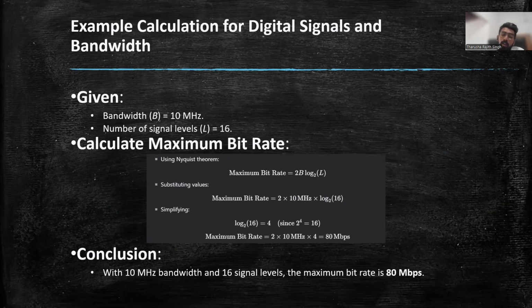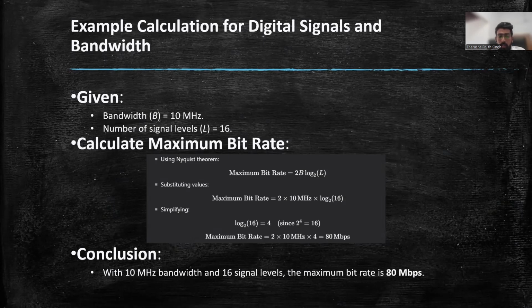So Nyquist's theorem states that the maximum bit rate of a noiseless channel is given by the formula: maximum bit rate equals 2B log L, where B represents bandwidth and L represents the number of signal levels.